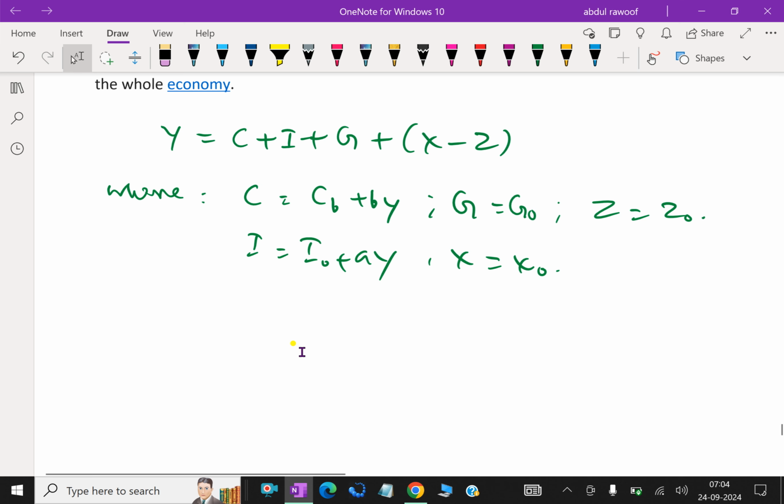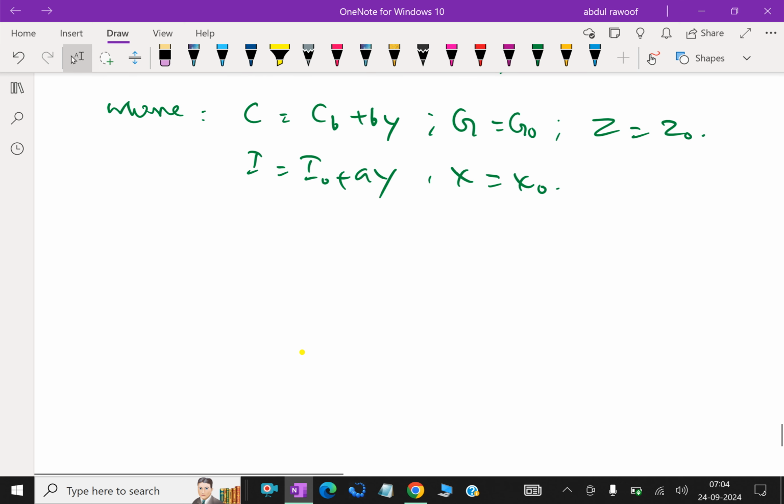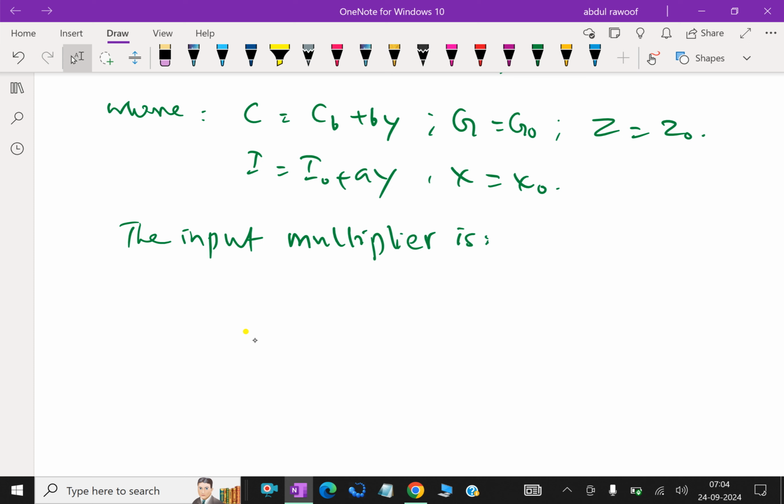The input multiplier is given as ∂y/∂z0 equals minus 1 by 1 minus b minus a.